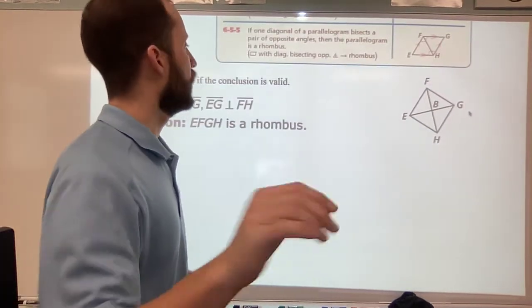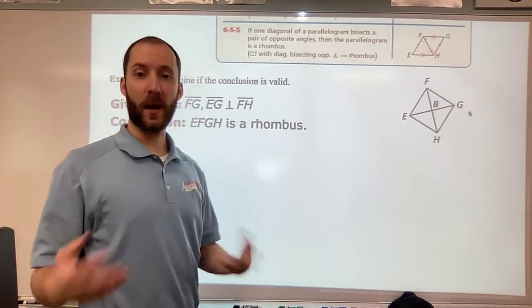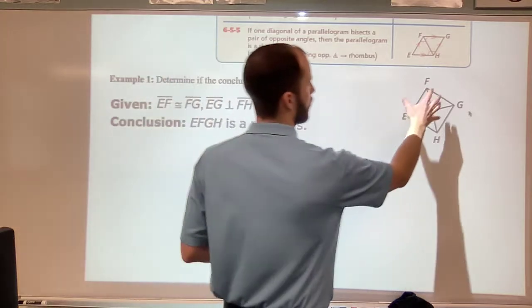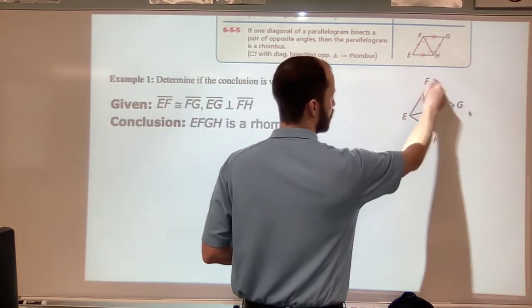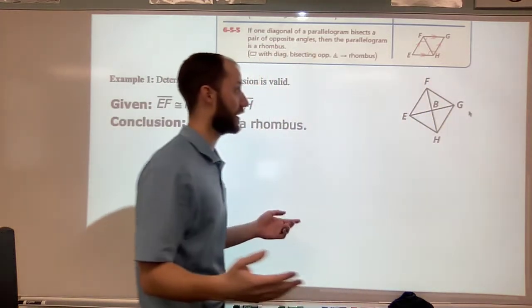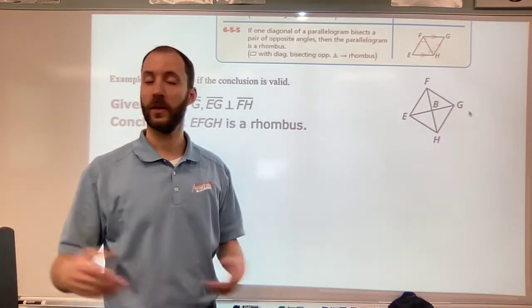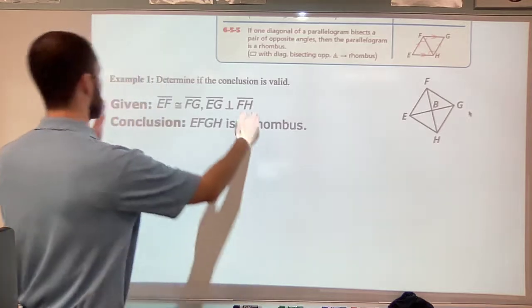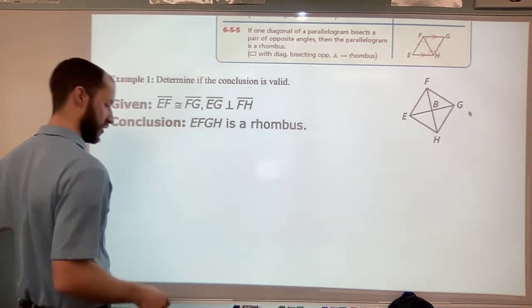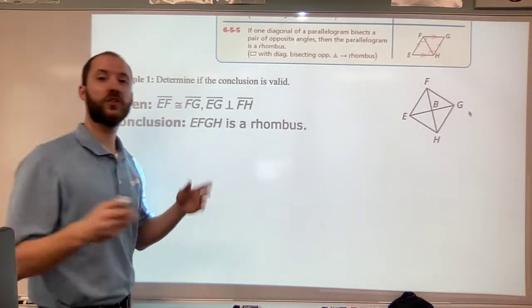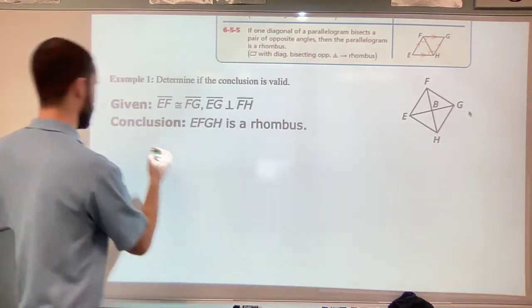Given some of these problems, this quadrilateral EFGH may look like a parallelogram, a rectangle, or a rhombus, but go with your given information and use that to make a determination.